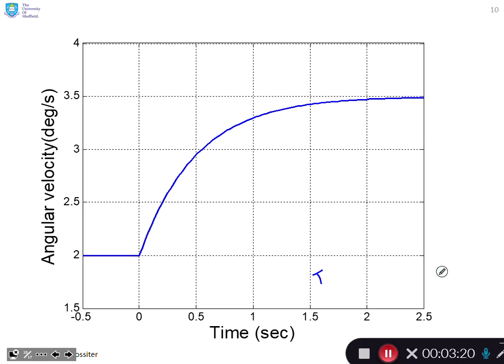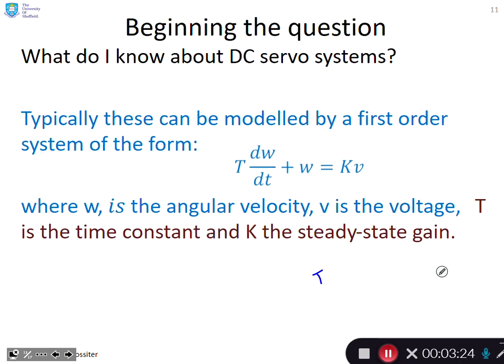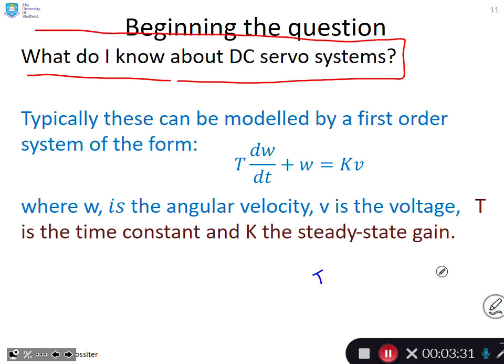So here's the figure that we're going to use, but before we go and use the figure, we start with, what do I know about DC servo systems? So that's where you begin. You say, this question's about a DC servo, so before I try and solve the question, what do I already know? Well, typically these can be modelled with equations like this.